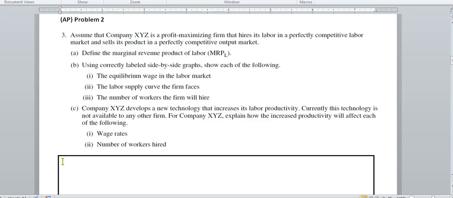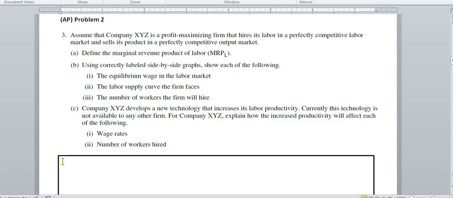So we have a company that is a profit maximizing firm that hires labor in a perfectly competitive labor market and sells its product in a perfectly competitive output market. The first thing we're being asked to do is to define the marginal revenue product of labor.